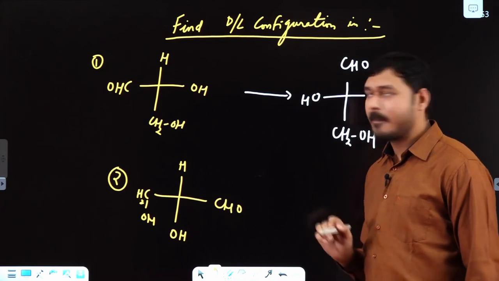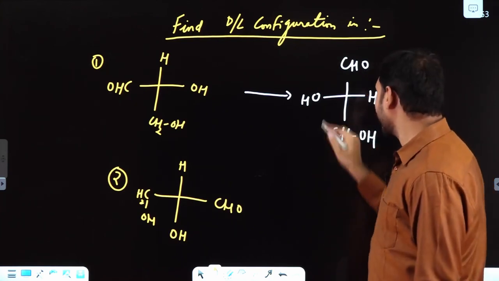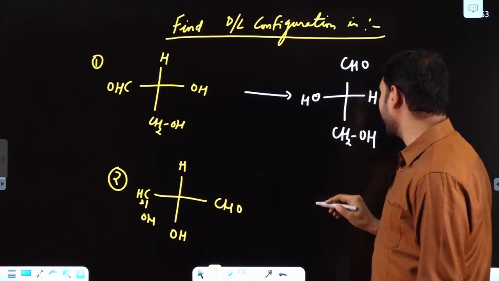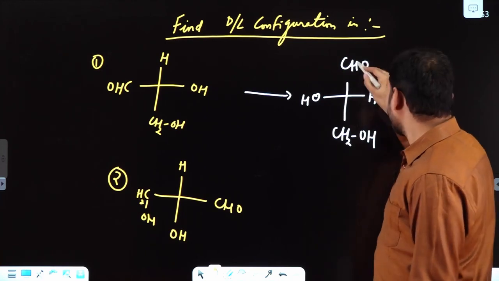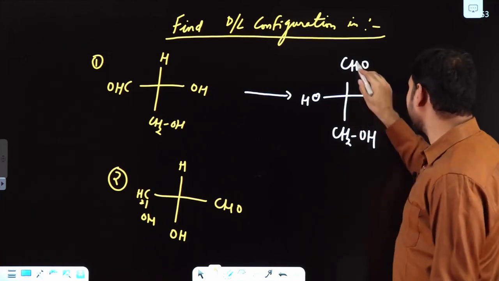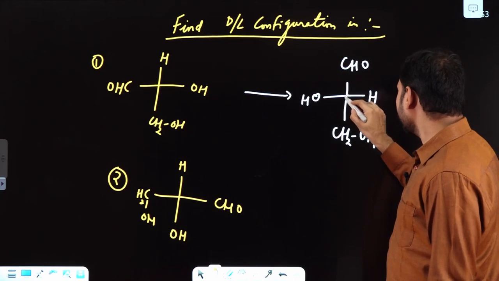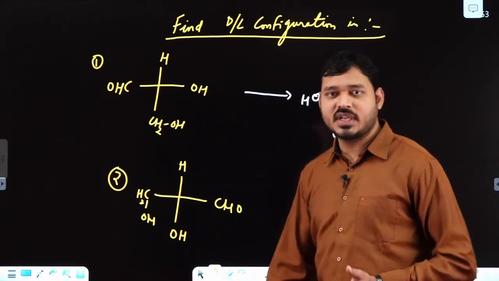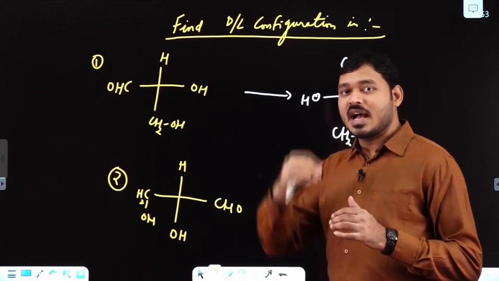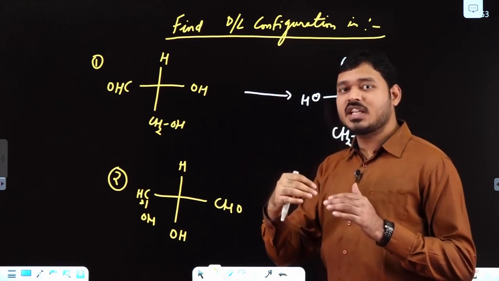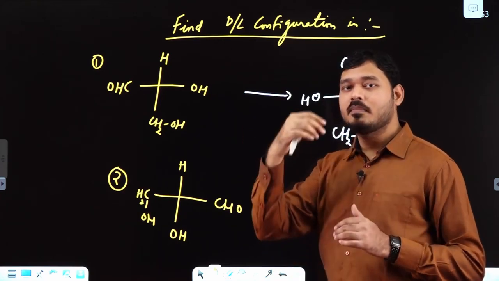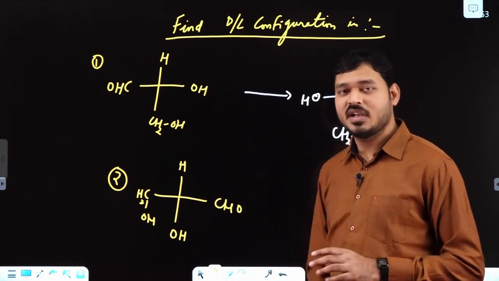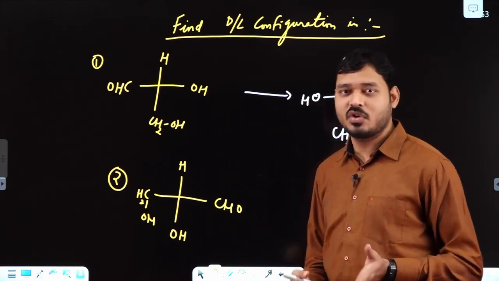Clear? Okay. Now let's see the configuration of this one, whether it is D form or L form. So what I find is the main function group at the top, and as I say, second last OH. Sometimes it is also said that the last chiral carbon with respect to the high priority functional group may also be considered, the same rule, okay?